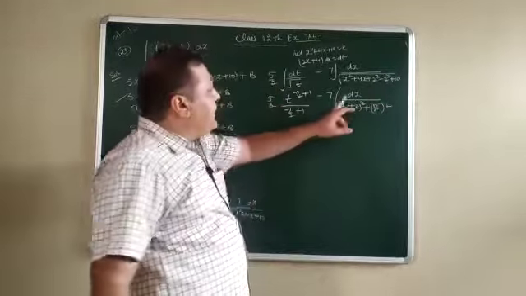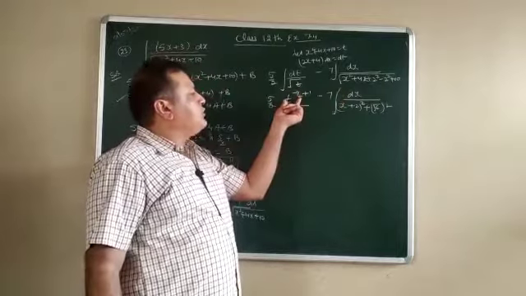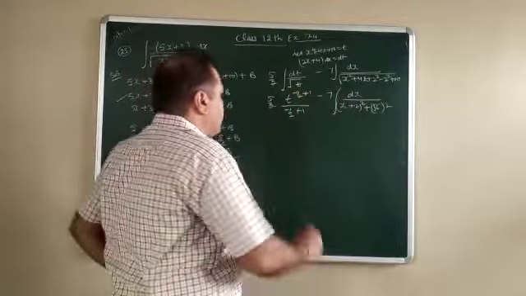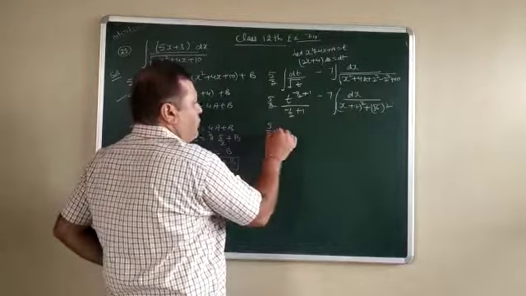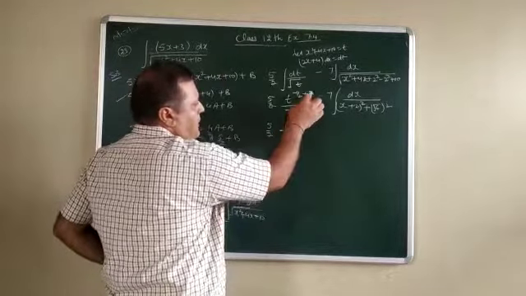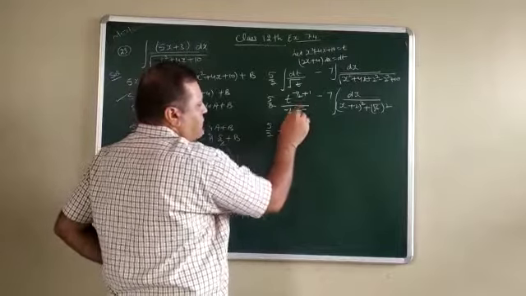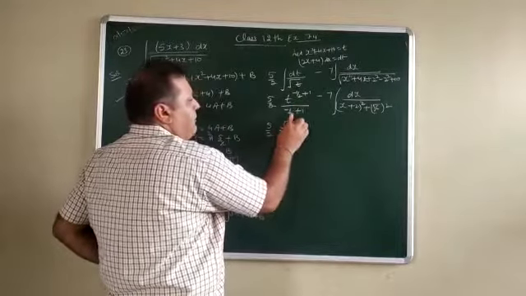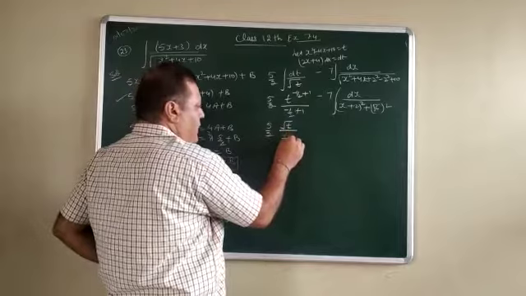In this part it belongs to dx, and the other belongs to dt, so separate integrations are there. It is 5/2 along with 1/(−1/2+1), that is √t, with −1/2+1 being 1/2, so 1 upon 1/2.